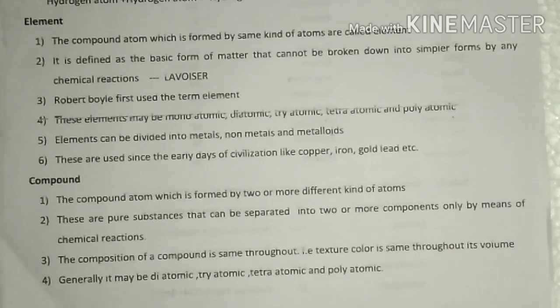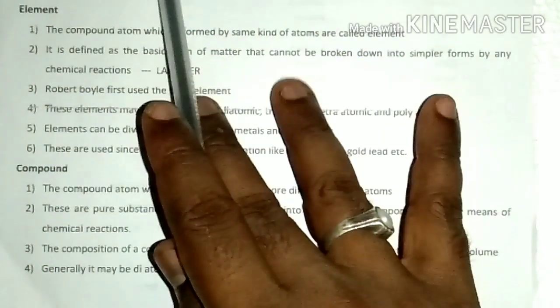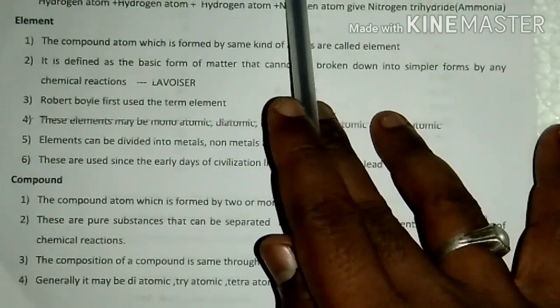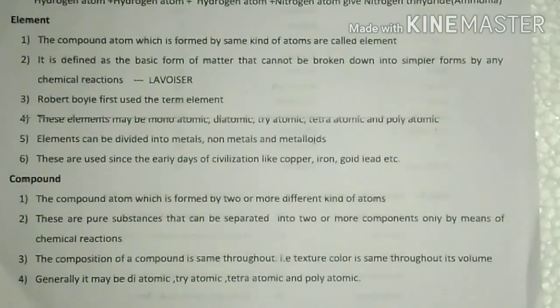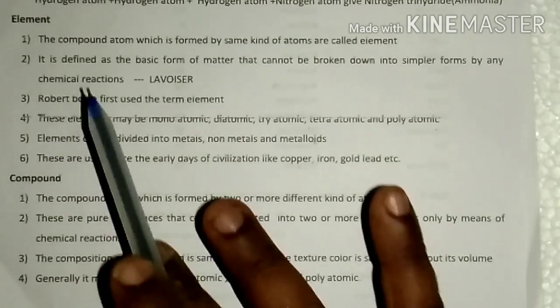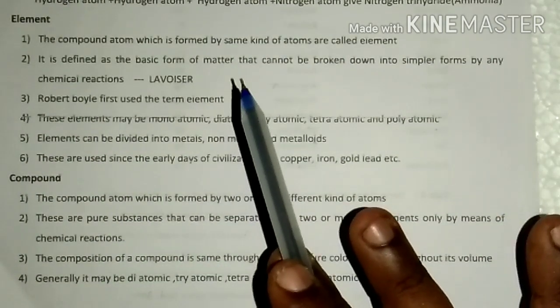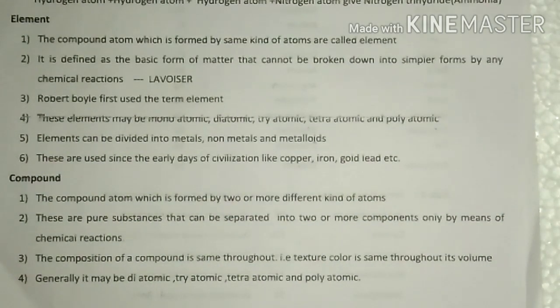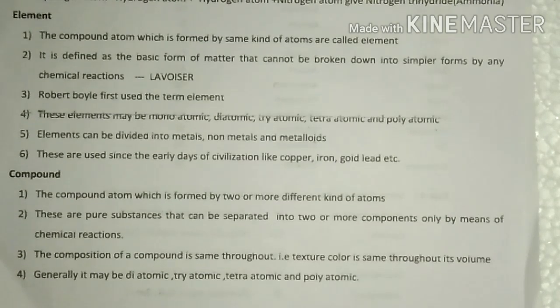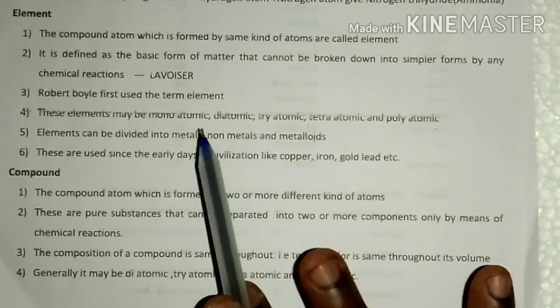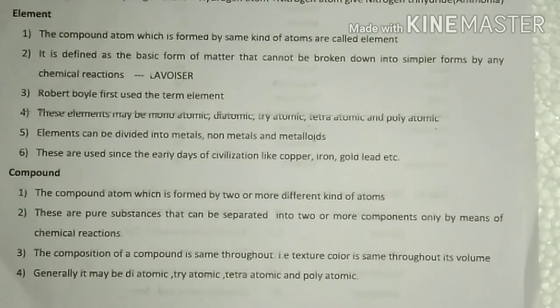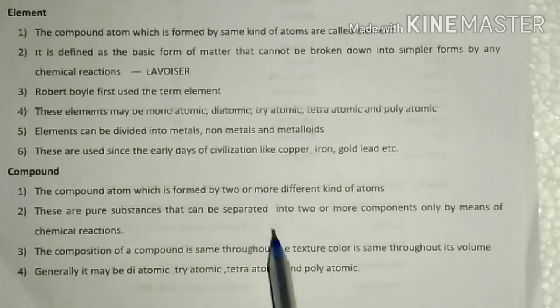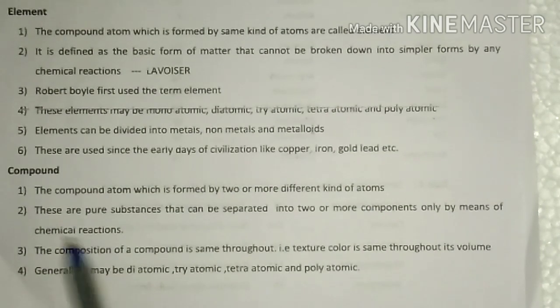If you observe, a hydrogen atom and a hydrogen atom give a hydrogen molecule, which is an example of an element. A hydrogen atom and a chlorine atom is an example of a compound. The compound atom which is formed by the same kind of atoms is called an element. The compound atom which is formed by two or more different kinds of atoms is called a compound.